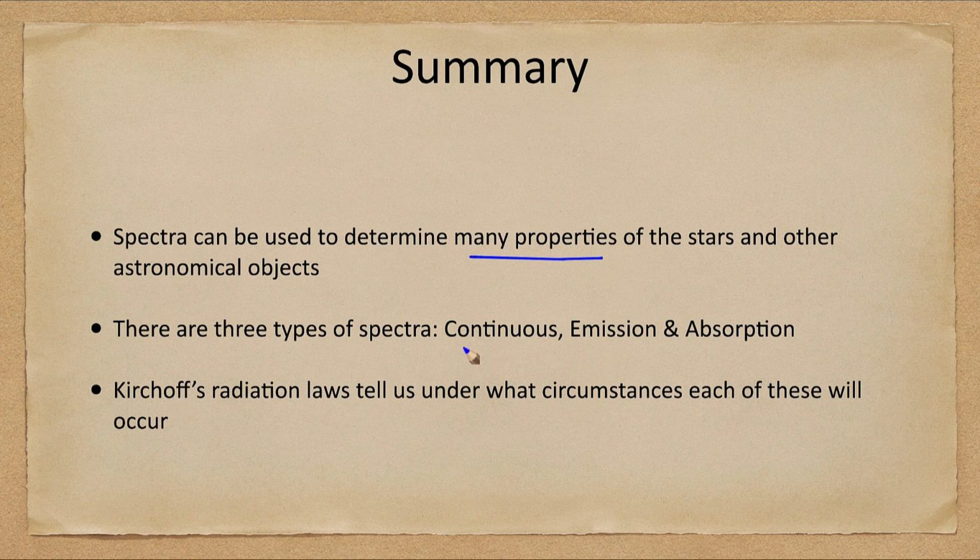We looked at the three types. We had the continuous spectrum with no lines, the emission, which was just bright lines, and the absorption spectrum, which was dark lines. And we talked a little bit about Kirchhoff's radiation laws, which will tell us under which circumstances each of these spectra will occur.